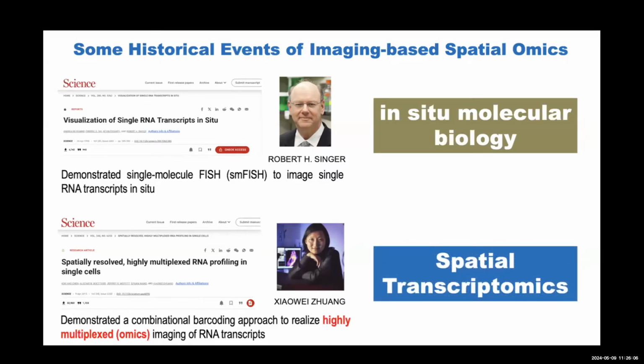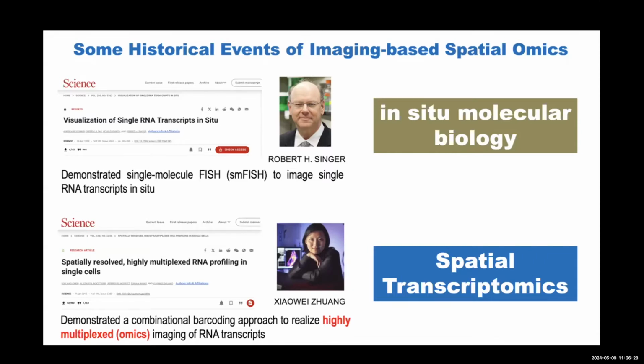But over the past less than 10 years, including MERFISH, seqFISH and STARmap, I think the key innovation here is that you're able to do combinatorial barcoding rather than imaging each transcript at a time.